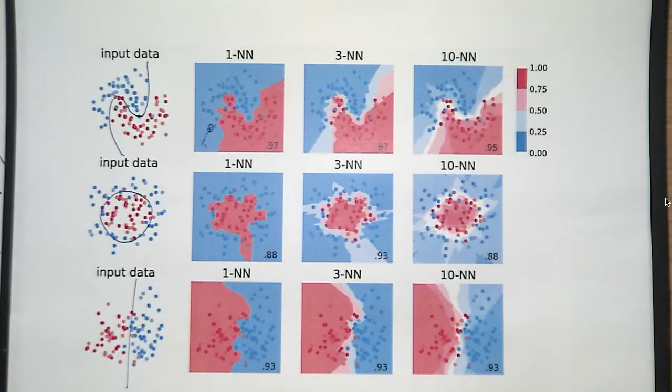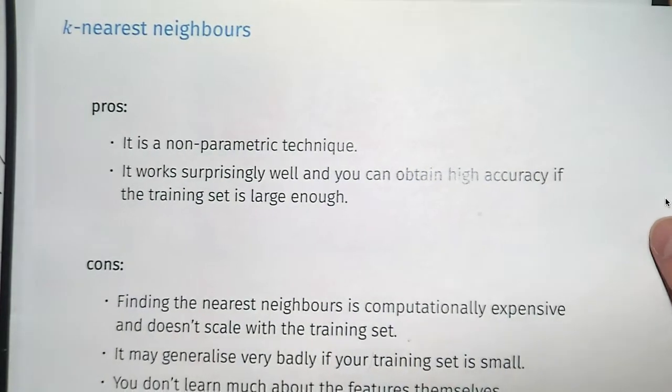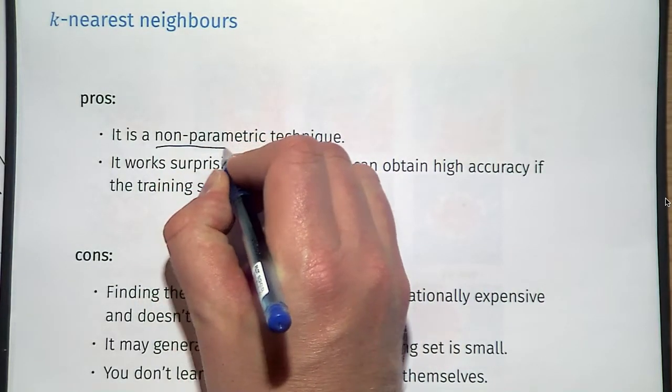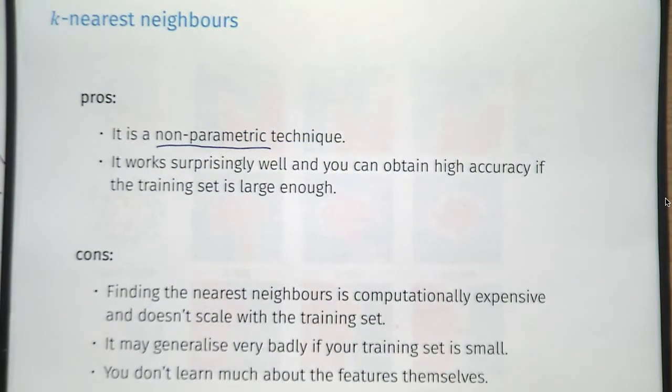So, the pros of this technique: it's a non-parametric technique. What that means is, in logistic regression, I had to estimate the parameters. I had the W's, the weights, and I had to find some technique to optimize for that. As you will see in the lab, it's not an instant technique.